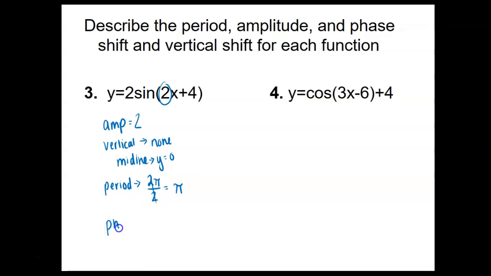And then phase shift. So for phase shift, you have to take that number that is added or subtracted to your x, and you have to divide it by the number in front of your x. So, Brett, what would be our phase shift for this?